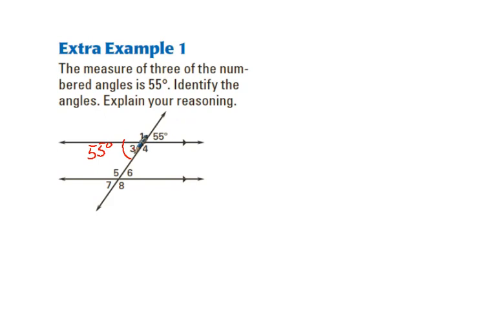If angle 3 is 55 degrees, angle 6 is 55 degrees because these are parallel lines, so we know that alternate interior angles are congruent. And again, we have vertical angles 6 and 7. So we have angles 3, 6, and 7 are all 55 degrees.